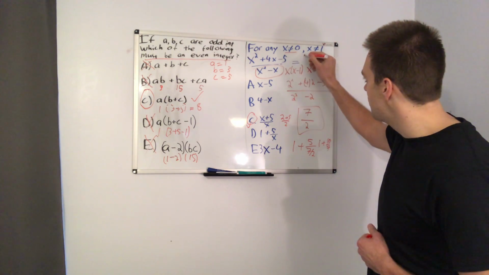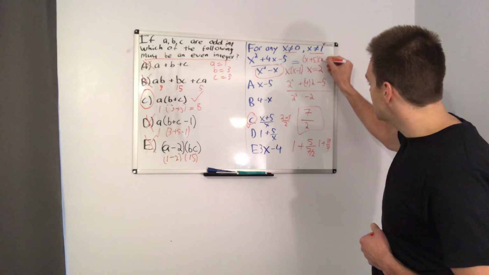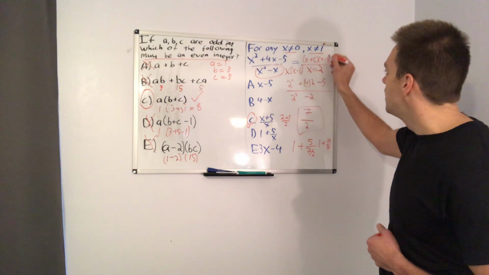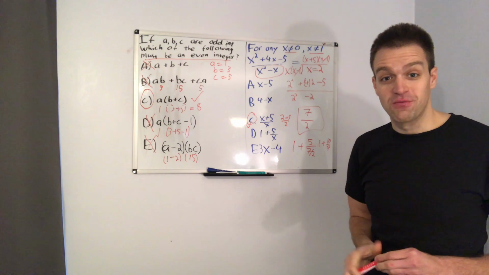And when you do that, it might be a little bit easier to see that the factors will be x plus 5, x minus 1, and then when you cancel out your x minus 1s, you'll get our answer of x plus 5 over x.